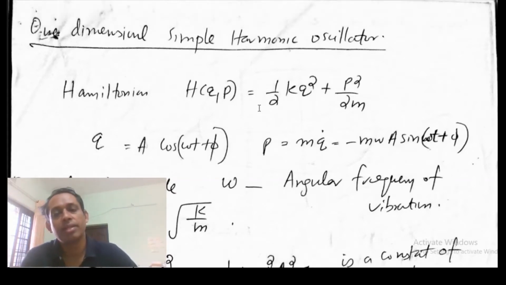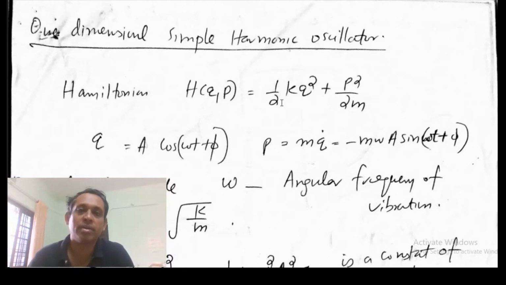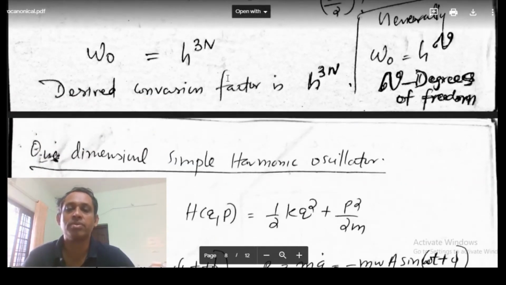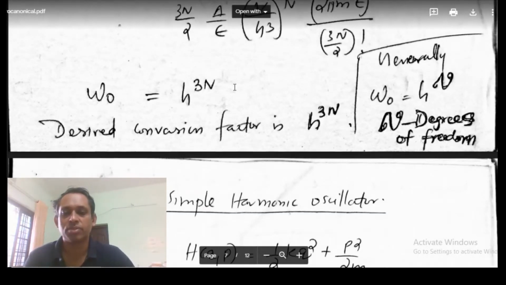There we got the fundamental volume corresponding to one microstate as equal to h, Planck's constant, to the power 3N, as there are 3N independent harmonic terms present in the Hamiltonian, and we say the degrees of freedom is 3N there. So we have this fundamental volume, omega 0, equal to h to the power 3N. 3N is the number of degrees of freedom.